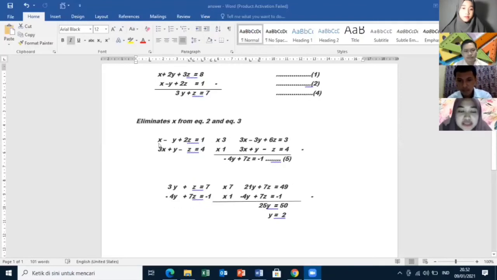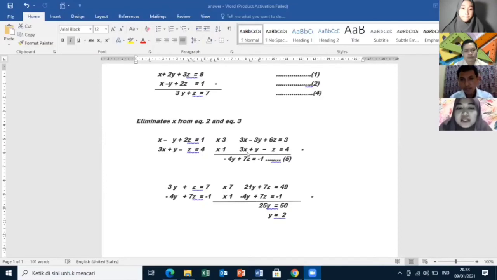Equation 2 multiplied by 3 becomes 3x minus 3y plus 6z equals 3. Equation 3 is 3x plus y minus z equals 4, multiplied by 1.